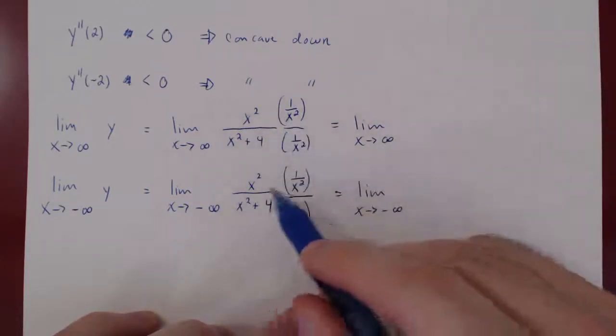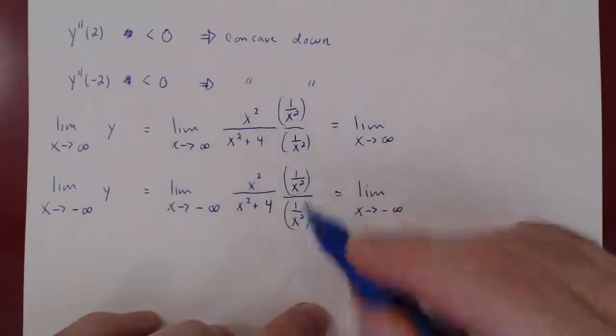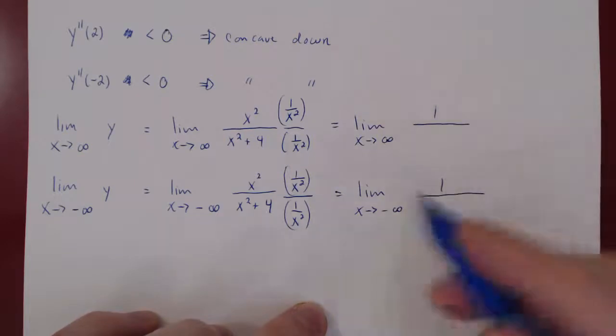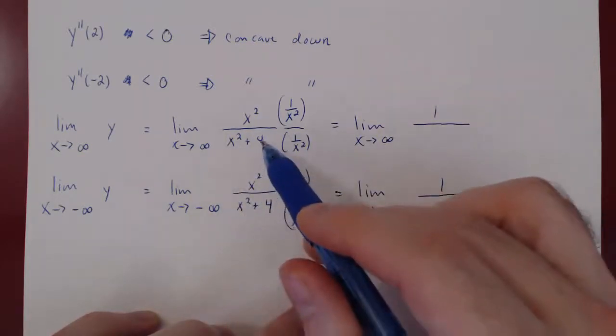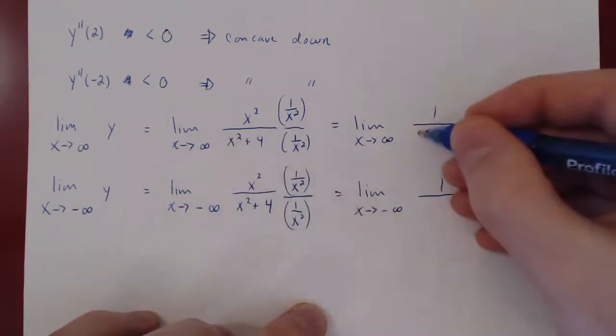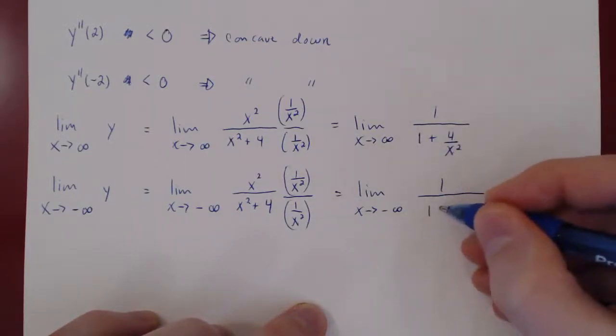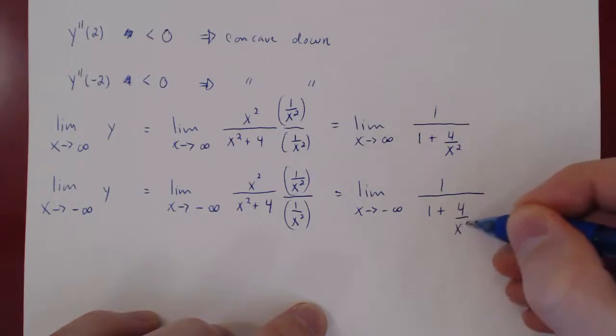We'll have on top 1, because x squared over x squared is 1. So 1 over, x squared over x squared is 1, plus 4 over x squared. So simply 1 plus 4 over x squared.